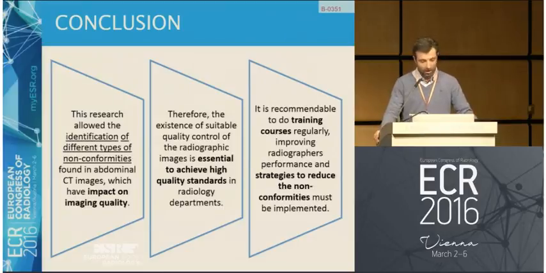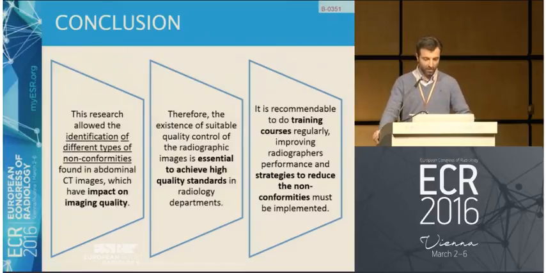In conclusion, this research allows the identification of different types of non-conformities found in the abdominal CT image, which have an impact on image quality. I think it's very important to highlight the incorrect positioning, which was one of the non-conformities in high number.